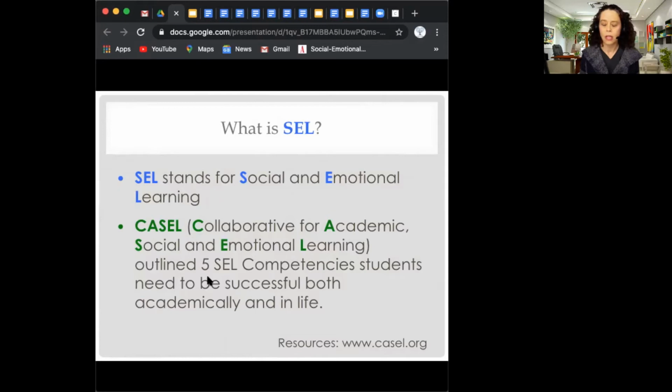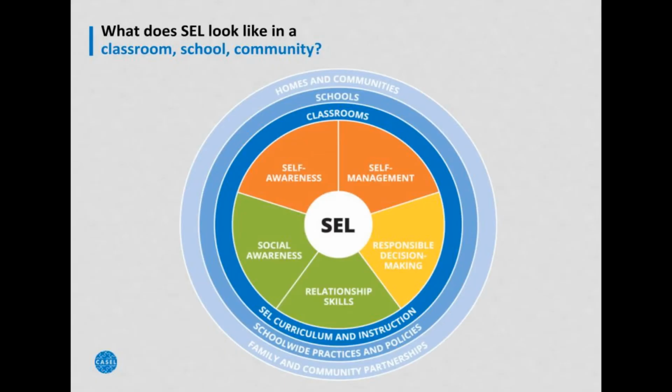And there are a ton of resources. A lot of them are free if you go to www.casel.org. If you go to that website, you will find this kind of pie chart looking thing. And we're just going to focus on those 5 competencies that are in the center there around the white circle that says SEL.